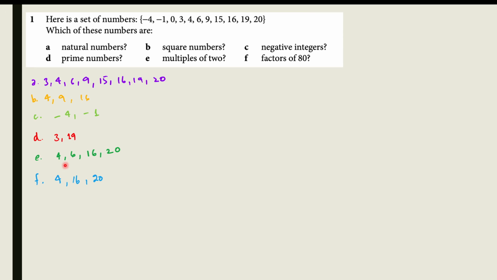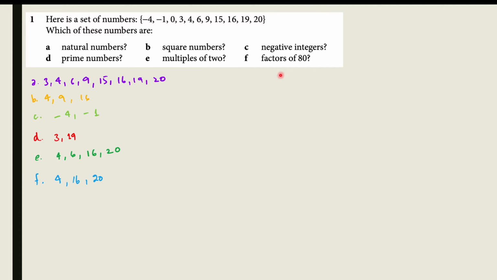The fifth part of the question asks about the multiples of 2. A number that can be obtained by multiplying 2 by a whole number is called a multiple of 2. So in the list, the multiples of 2 are 4, 6, 16, and 20.